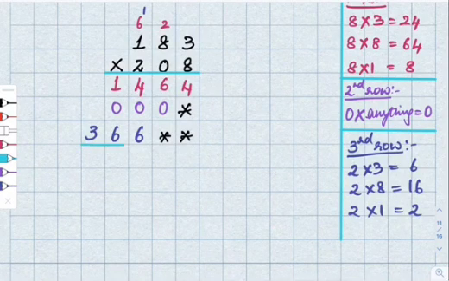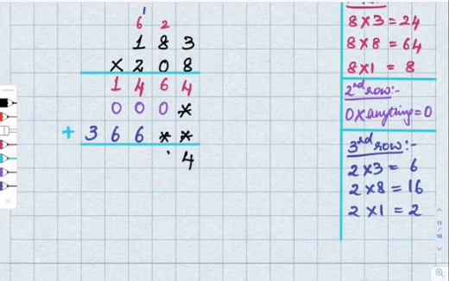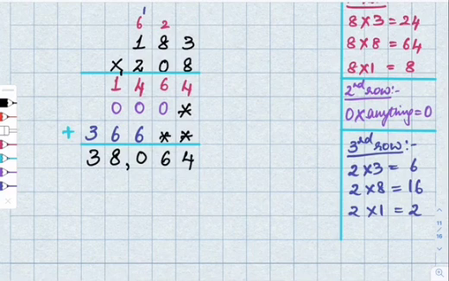So the final answer would be, we need to add. 4 plus 0 is 4. 6 plus 0 plus 0 is 6. 4 plus 6 is 10. 0 at the bottom, 1 carried. 6 plus 1 is 7. 7 plus 1 is 8. 3, just like that. So the final answer is 38,064. I hope all of you have understood children.